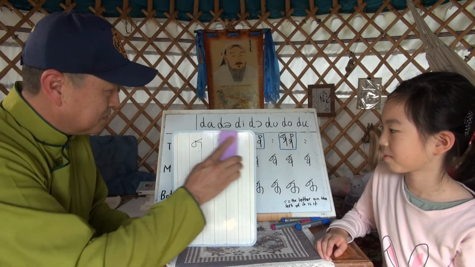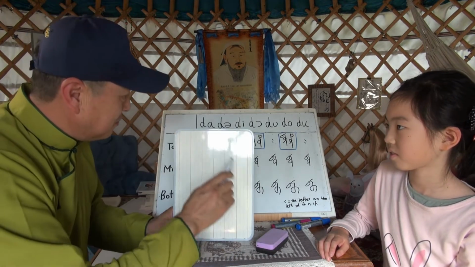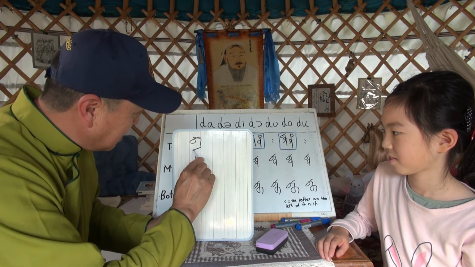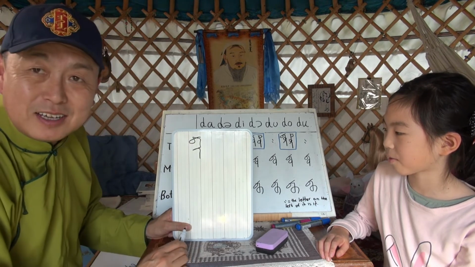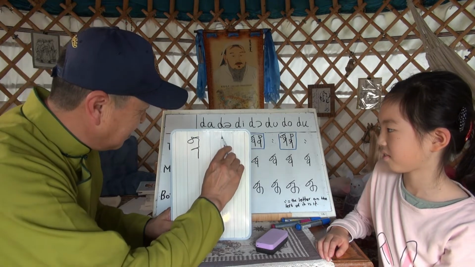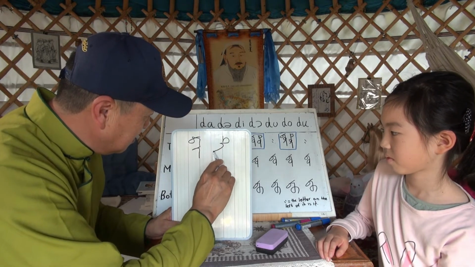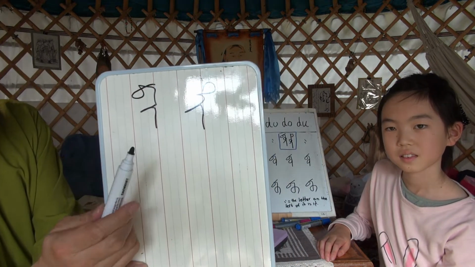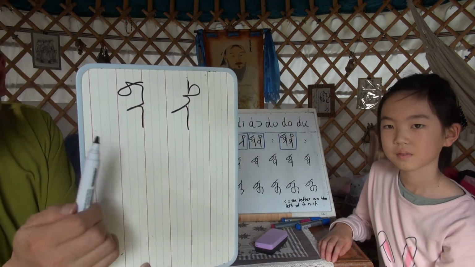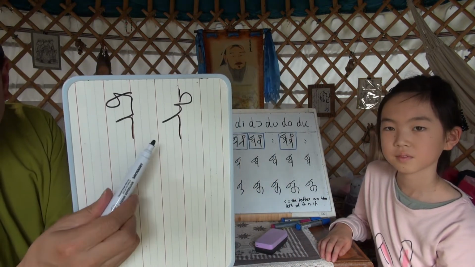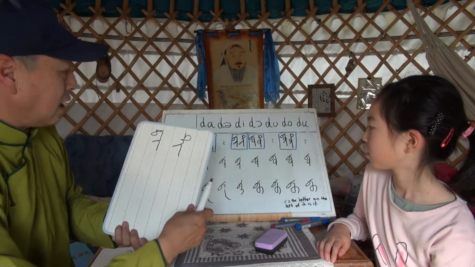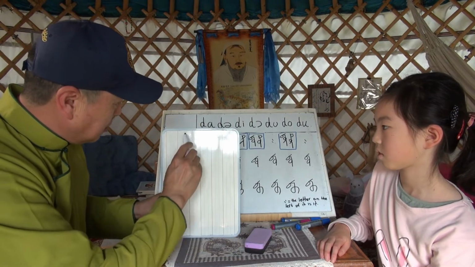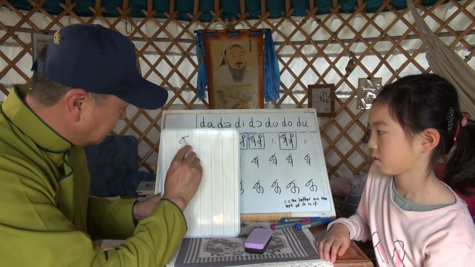So let Daddy write the D one more time. Daddy wants to make it a bit longer. D, from our original system. D. So you see? A bit longer, right? Compared to the ta. Let Daddy write ta first.